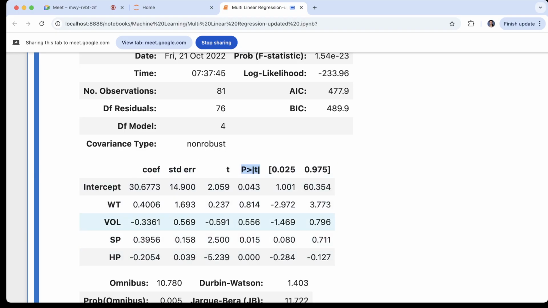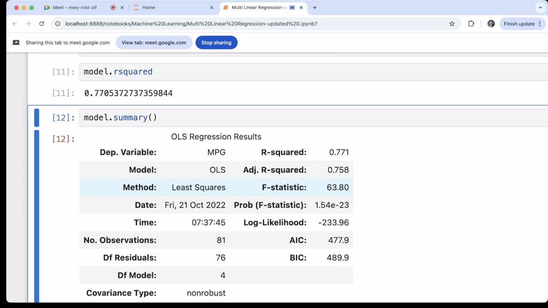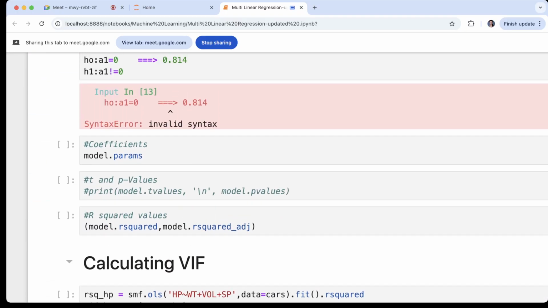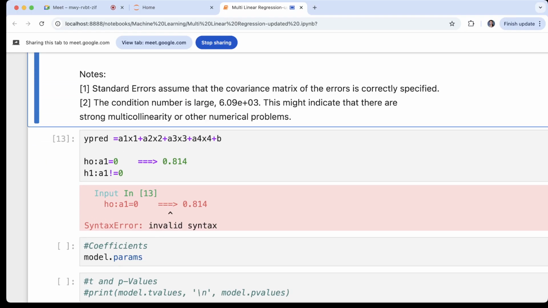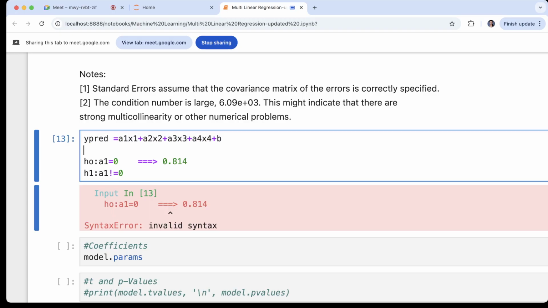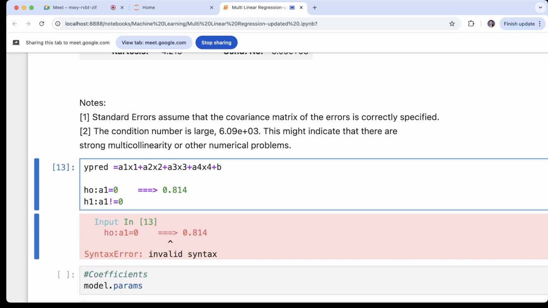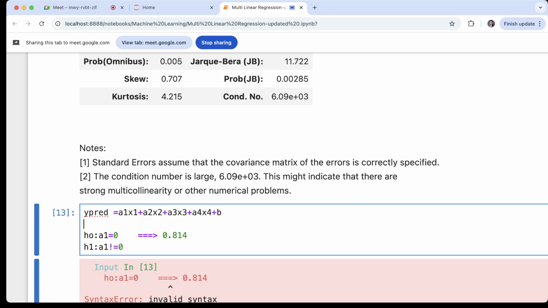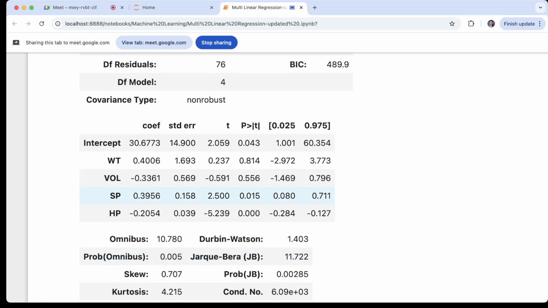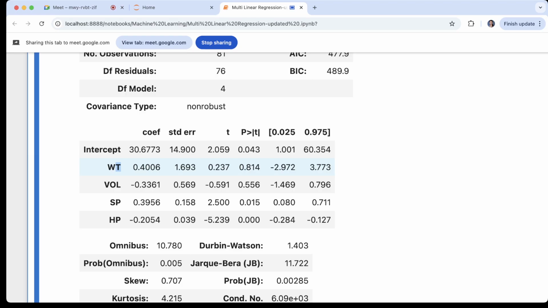If the p value is high, then there is something wrong here. So this is your y predicted, right? When you calculate the p value, your null hypothesis is that your a1 is zero, so let's say you're calculating the p value for the feature wt.